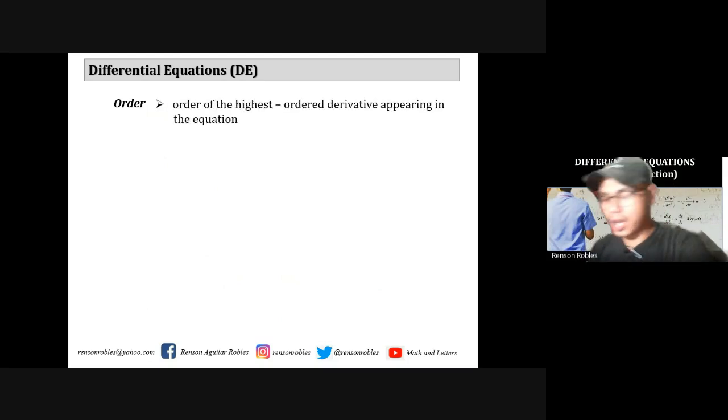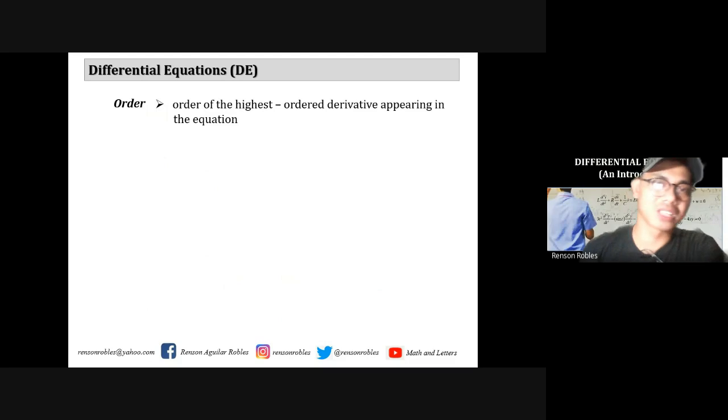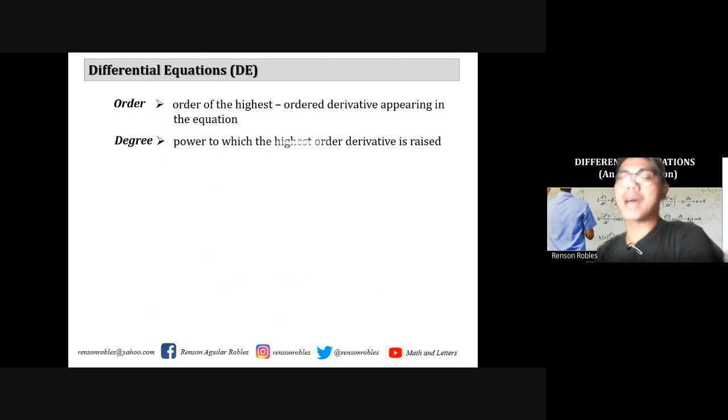The order of a differential equation is the order of the highest order derivative appearing in the equation, whereas the degree is the power to which the highest order derivative is raised. The order may be second, third, fourth, or fifth derivative.